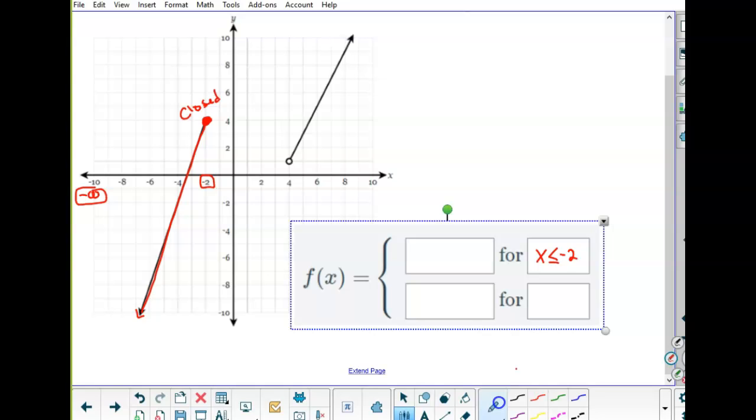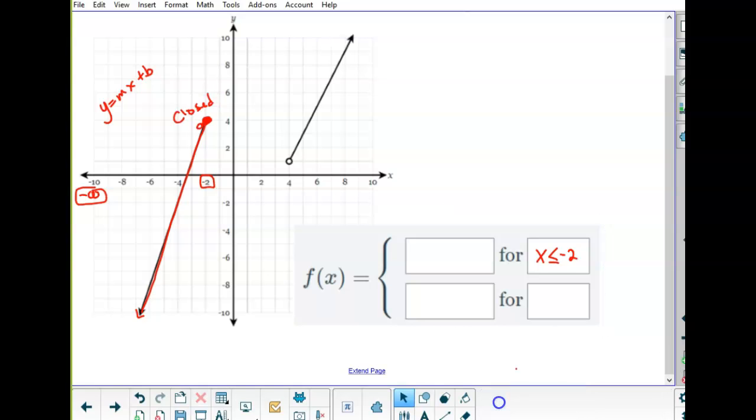Well, this is a linear equation. A quick way to do it is y equals mx plus b. And you can follow this pattern up using rise over run. So if I look here, if I go from one point to the next, I went up 1, 2, 3 over 1.